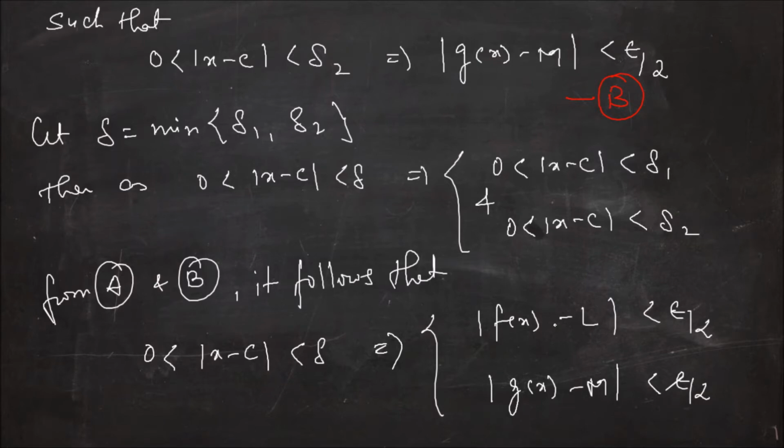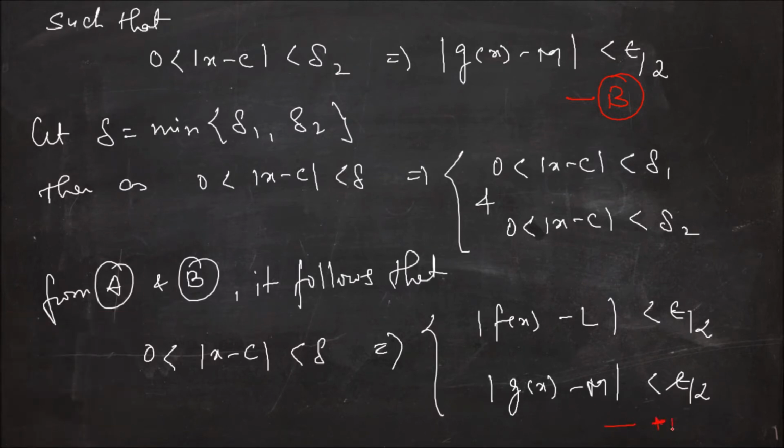So these two, A and B, hold simultaneously for this delta, because we have chosen delta to be the minimum of delta 1 and delta 2. Mark it as 3.